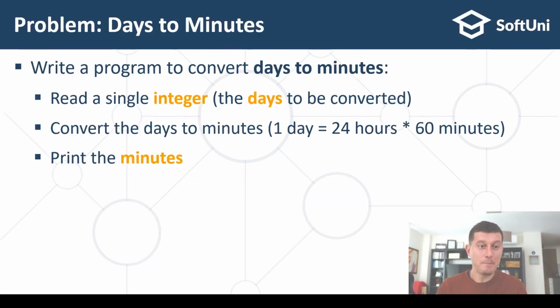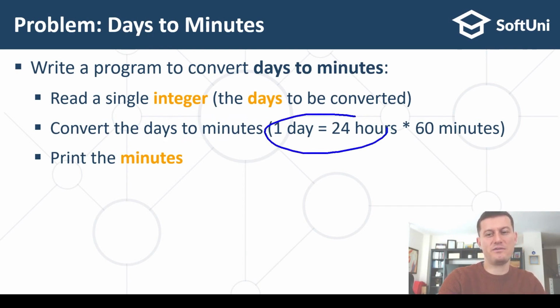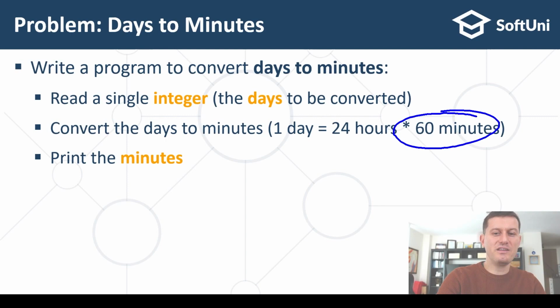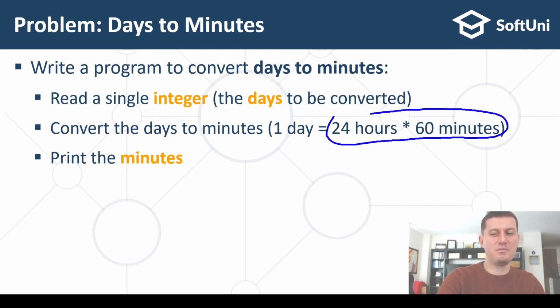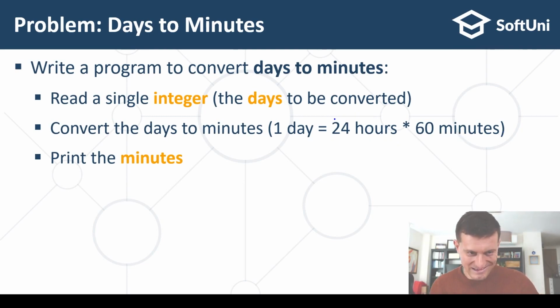Done. The first problem we are going to solve today is to make a program which converts days to minutes. So we read a single integer, the days to be converted, and we convert the days to minutes. One day has 24 hours and each hour has 60 minutes. So if we multiply the number of days by 24 multiplied by 60, we will find how many minutes one day or 5 days or whatever days contains.